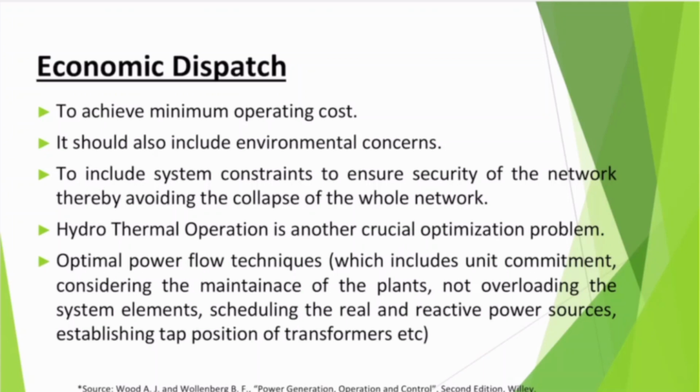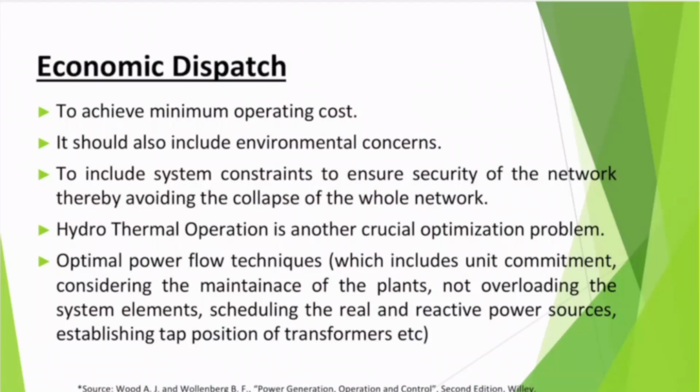Now, when you have networks, each and every transmission corridor has a certain limit to its power carrying capability. Say this is my generator, connected through a transmission line to a load.